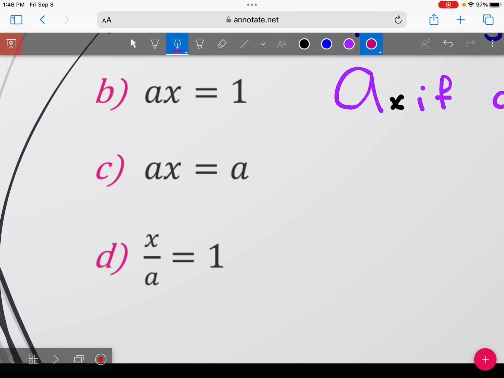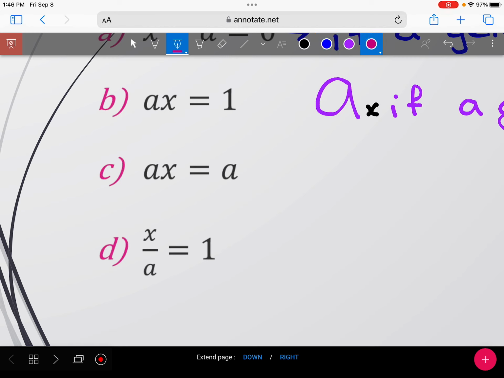What would x have to be for this to work? Let's see. When in doubt, plug in a number. So pick a number for a. 2. 2 times something equals 2.